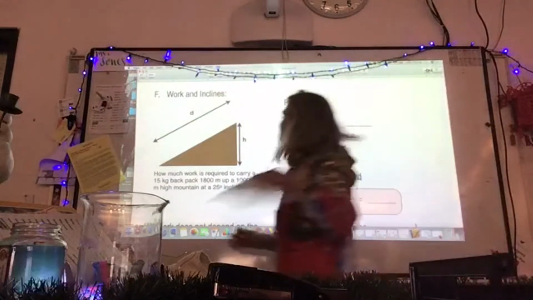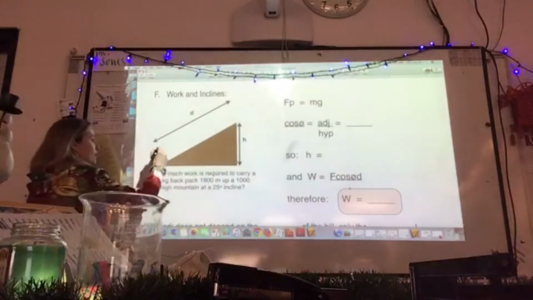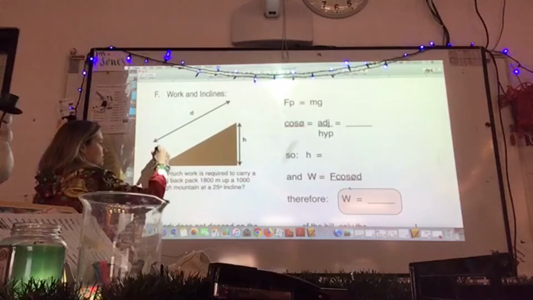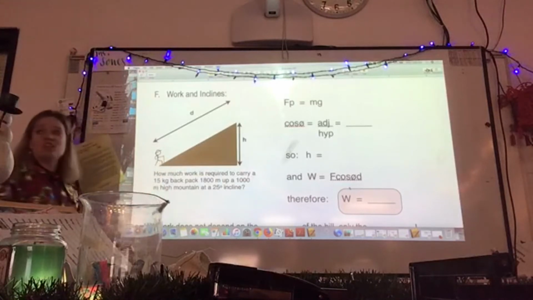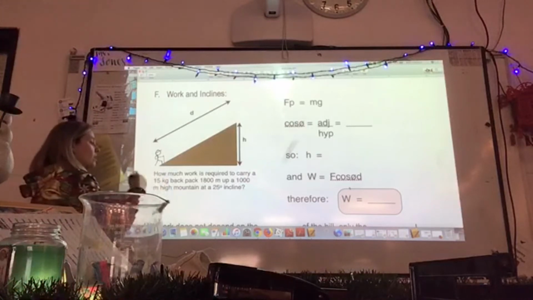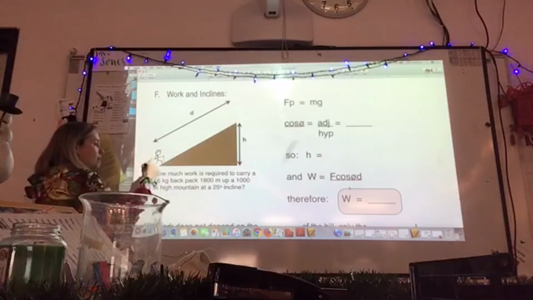Okay. So I got Ransom here and he's going to be climbing. He's a little hiker. He's going to go climbing up the hill, and I want to know how much work he does carrying this 15-kilogram backpack.